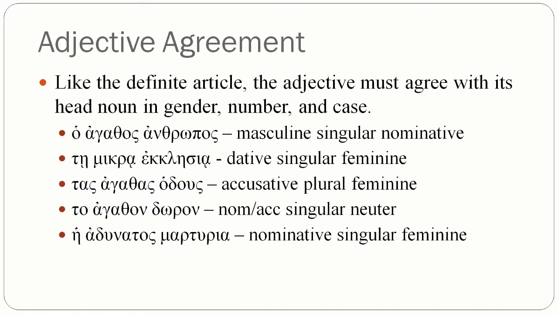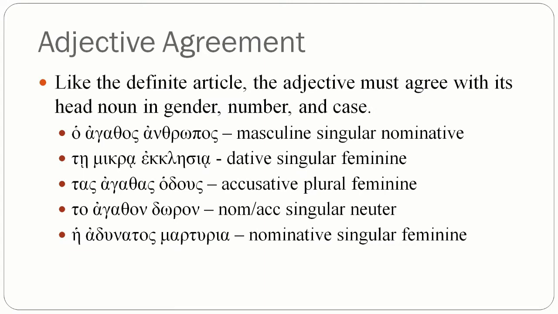Now, how do we use these? Go over those forms several times so you have them down, but really, these endings should be pretty familiar, and you should have that pattern of nominative, genitive, dative, accusative down pretty well. The endings are not going to be anything that you haven't seen before.